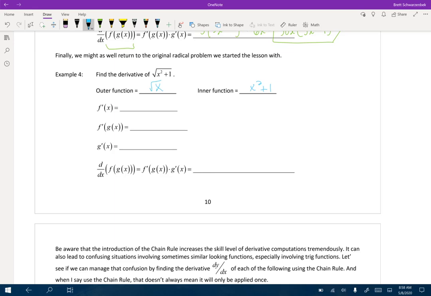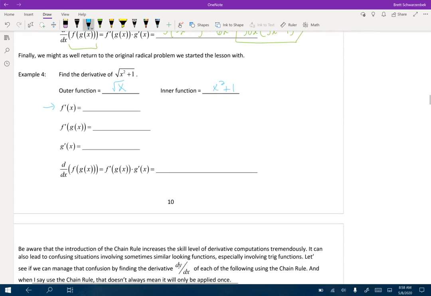Okay, so what is the derivative of the outer function? I told you that you should memorize the derivative of root x, and why? Because of the chain rule. I'll explain that a little later. But the derivative of root x is 1 over 2 root x. Note, there is no fancy memory for cube root x and fourth root x. Technically you can memorize them, but you don't use them enough to have to.